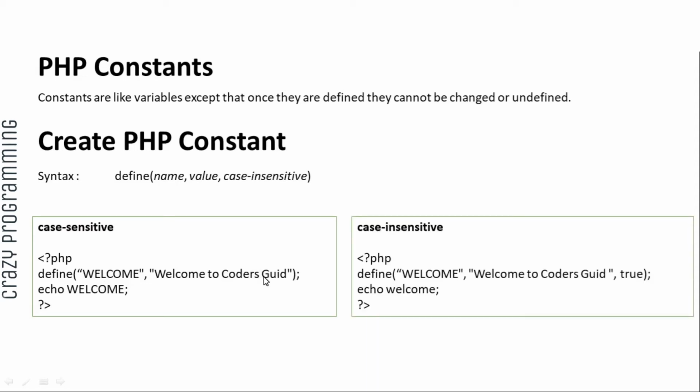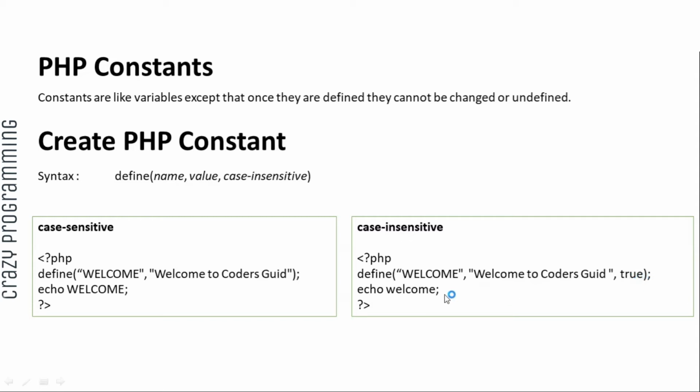And let's see a case insensitive example. In this example I am using define, and then the name, that is welcome, and then the value, that is welcome to Coder's Guide, and then case insensitive. So if we want case sensitive, then put false here, and if we want case insensitive, then put true here.